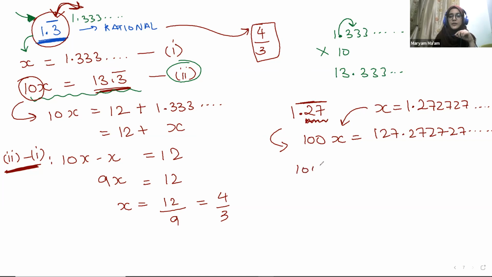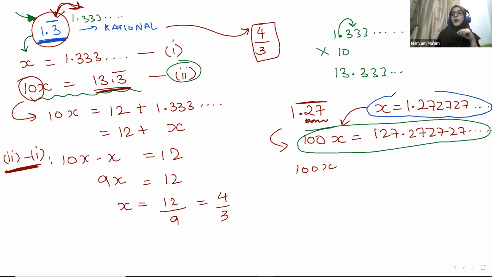You take the green encircled equation minus the blue encircled equation. So you just do 100x minus x, and then you will have 127.27 bar minus 1.27 bar. Then you will have 126. All right. So I hope you can continue it from there.